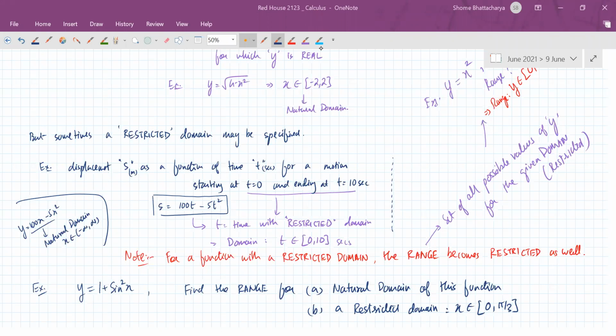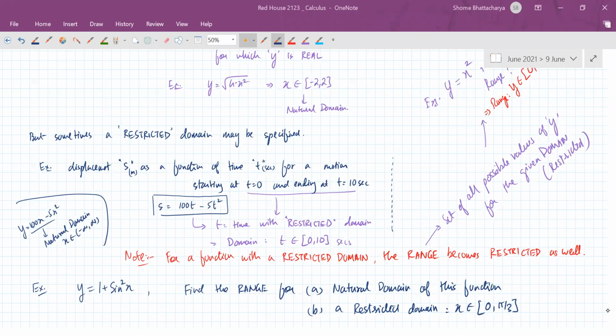So for the second part, B, we have to only find the range, right? Yes, come again, beta, what was your question? For B, a restricted domain x belongs to 0 to pi by 3, you have to only find the range because the domain is given, right?